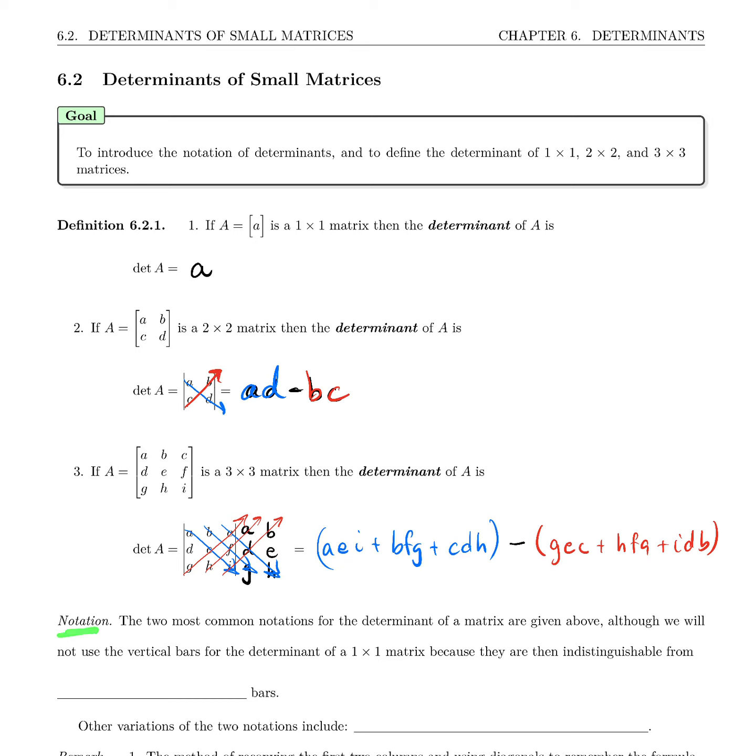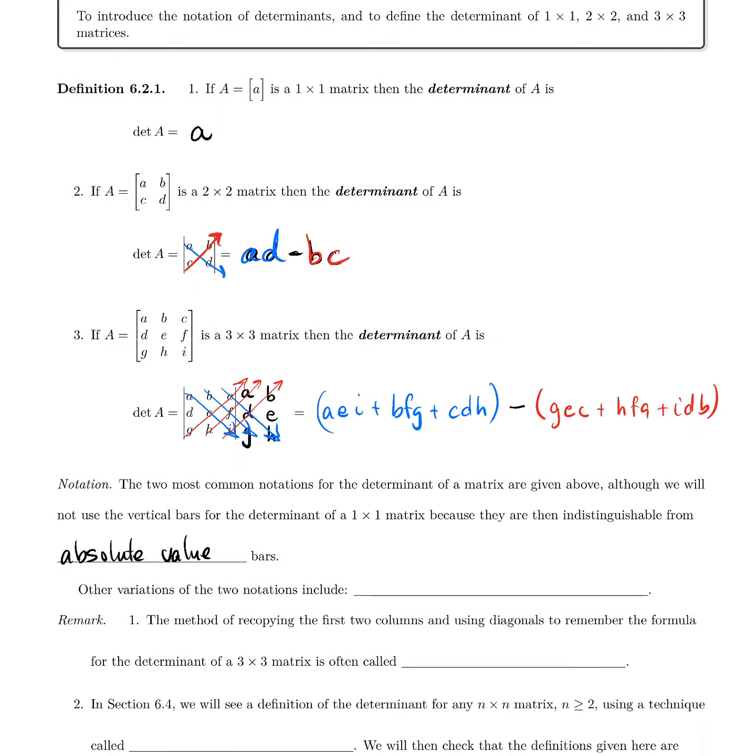Comments about the notation. The 2 most common notations are shown above, the det and the vertical bars. Although we don't use the vertical bars for the 1 by 1 case, because if we put vertical bars around a single number, it looks like the absolute value bars, and that's not what we want. We don't want to create confusion with the absolute value.